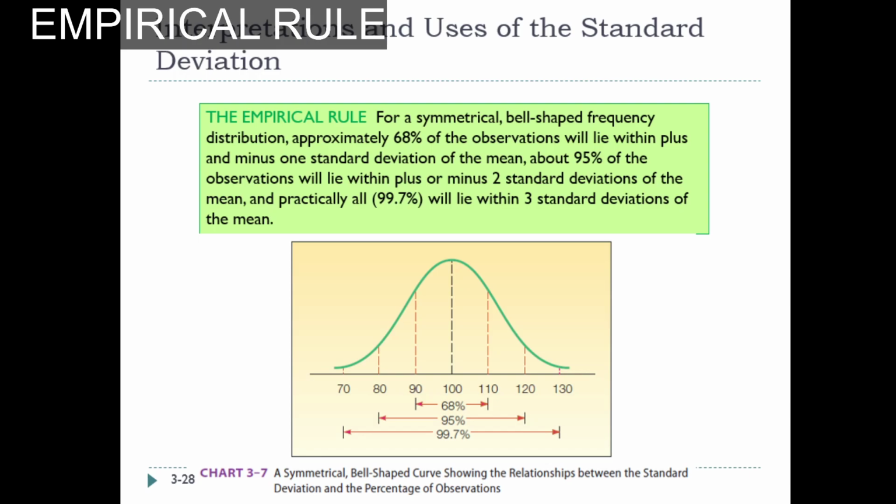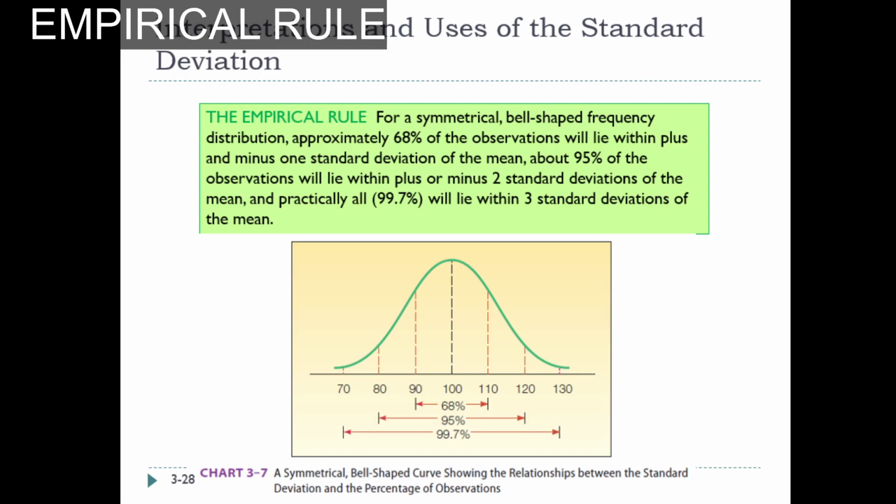What we're seeing here on the screen is that we can say things like 68% of the observations will lie within one standard deviation of the mean. What we have depicted here is, you can see the middle of the data, the black dotted line is right in the middle. That's the mean, because again it's symmetrical data. It's the mean, it's the median, it's the center of our data. If that's at 100 here, and we are told the standard deviation is 10, we know then approximately 68% are somewhere between 90 and 110.